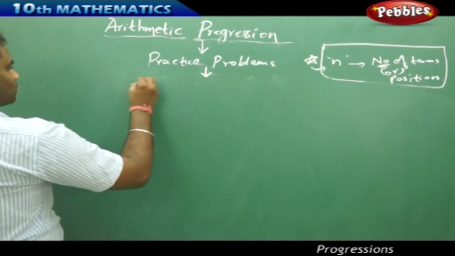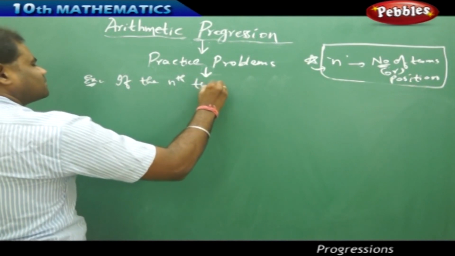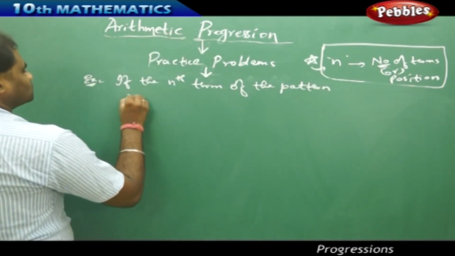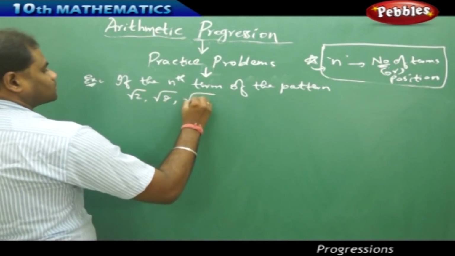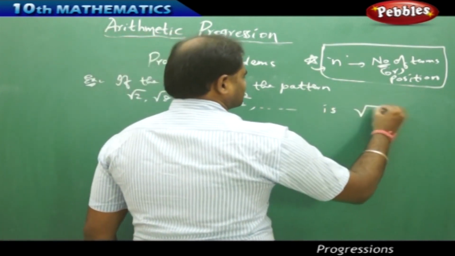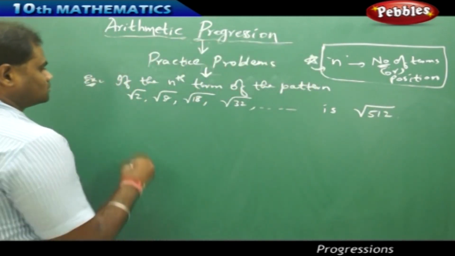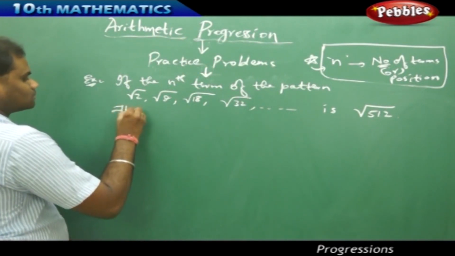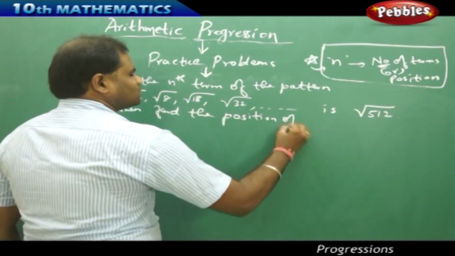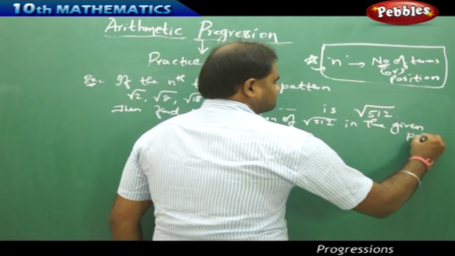So in this case, let's take a problem where the question says: if the nth term of the pattern root 2, root 8, root 18, root 32, and so on and so forth, is root 512, then find the position of root 512 in the given pattern.